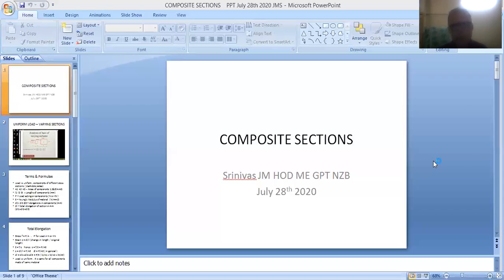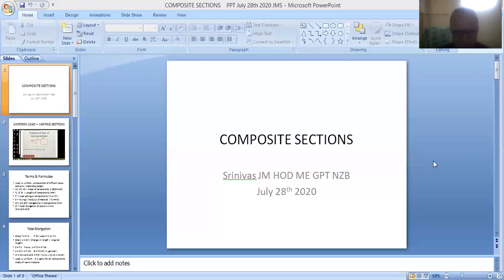As told just now, any section which is made up of two or three parts or components is referred to as a composite section. First component, second component, third component.